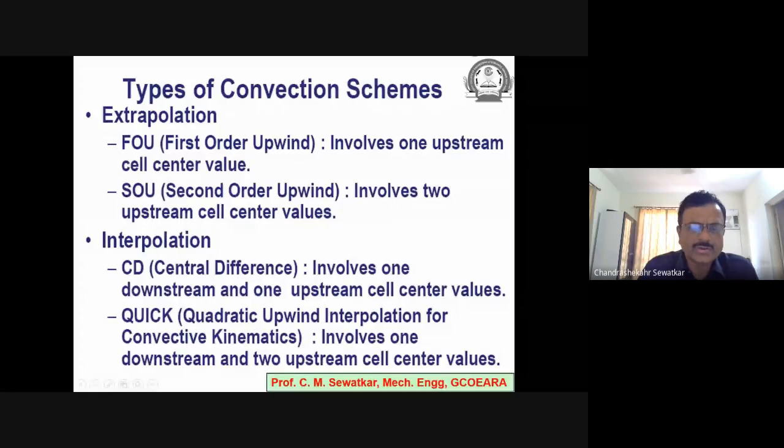In interpolation, first is the central difference scheme, which involves one downstream and one upstream cell center value. And there is another interpolation scheme called QUICK, which is quadratic upwind interpolation for convective kinematics, and involves one downstream and two upstream cell center values. We will look into all these convection schemes one by one.